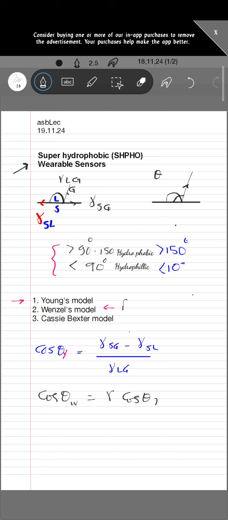Now this R is simply the real contact area divided by the apparent contact area.